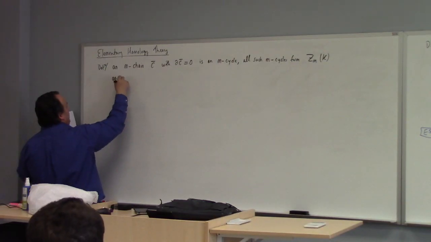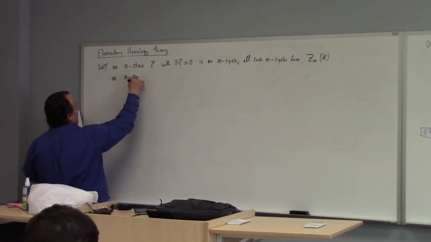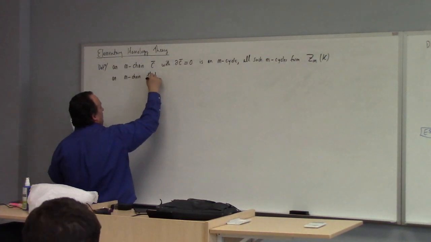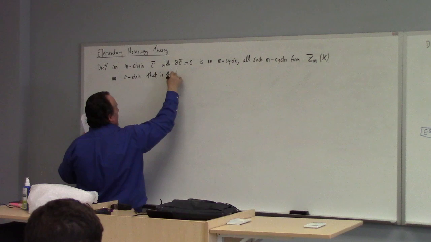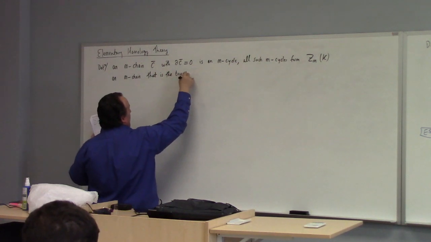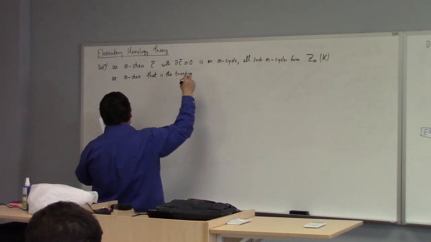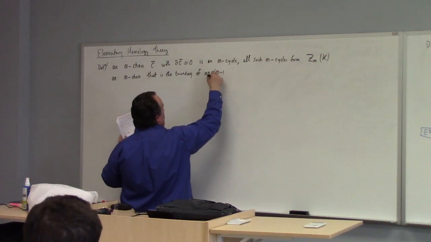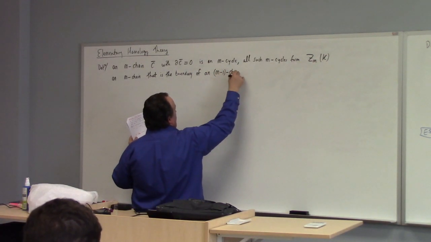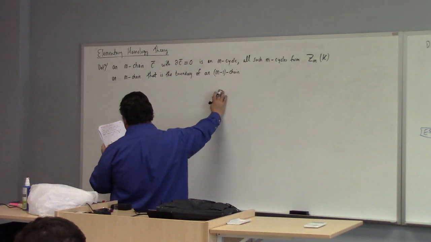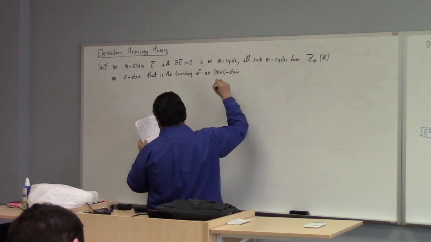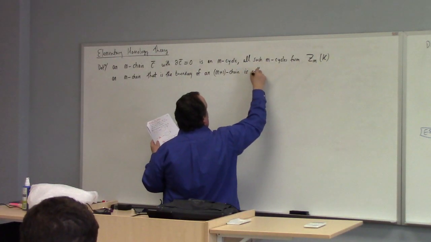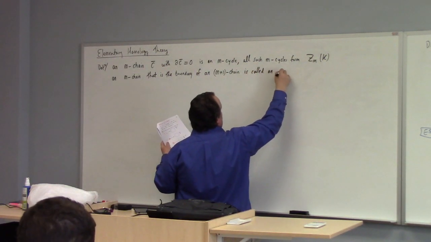Likewise, an M chain that is the boundary of an M plus 1 chain, rather, is called an M boundary.